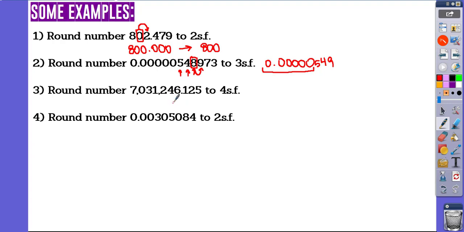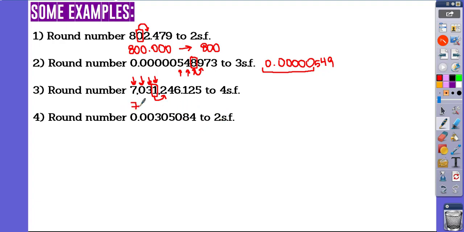Let's see example number 3. We need to round to 4 significant figures, this huge number. So the first significant figure is this one. The second significant figure is the 0 over there. The third one is number 3, and the fourth one would be number 1. As we need to round to 4 significant figures, our target will be number 1, and we need to look at the number to the right. As the number to the right is smaller than 5, then we round down.